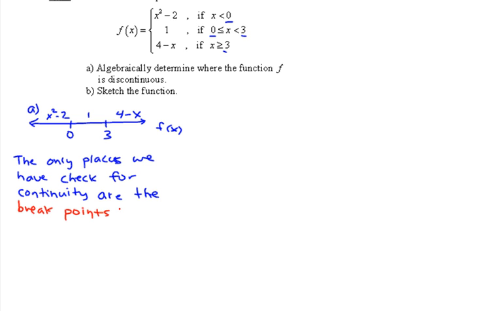In this case, it's at x equals 0 and 3. For each one of these, we have to check if those conditions are satisfied. We see them up here, that's where the function's changing.